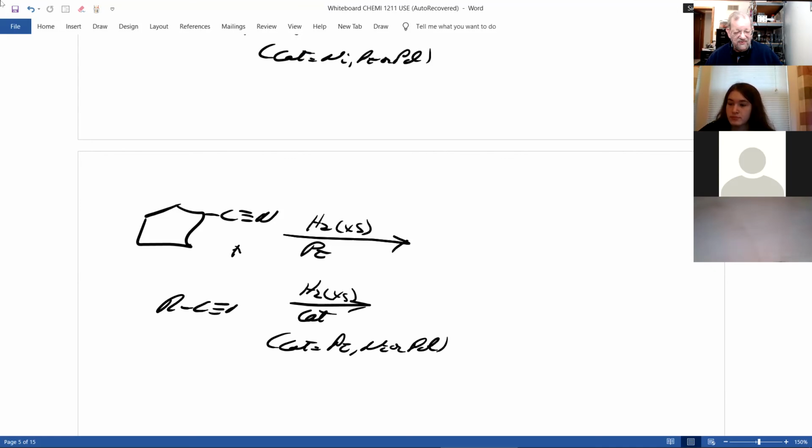Ooh, carbon, nitrogen, triple bond. And we call this the nitrile, which I'll never ask you on a test, but at least you'll know about it. And you break the 2 pi bonds, not the sigma. And each atom of the triple bond gets 2 hydrogens, which you can write like this or like this.